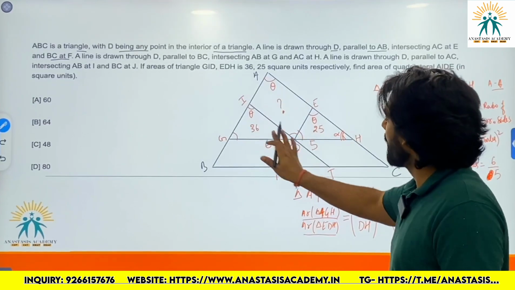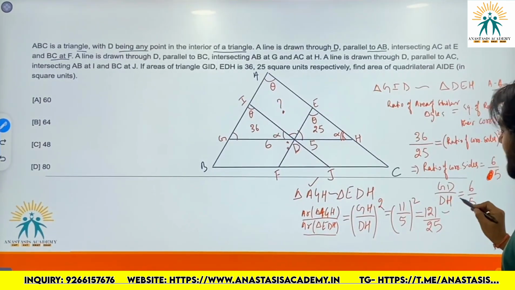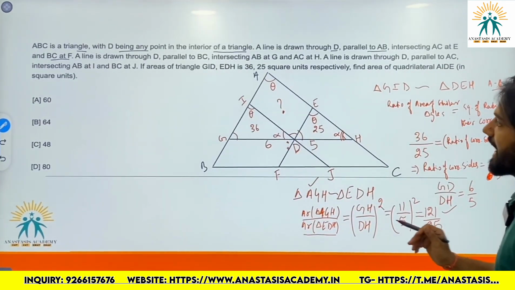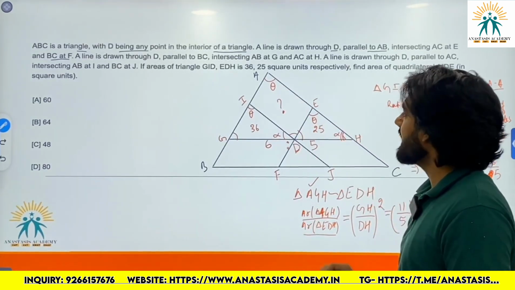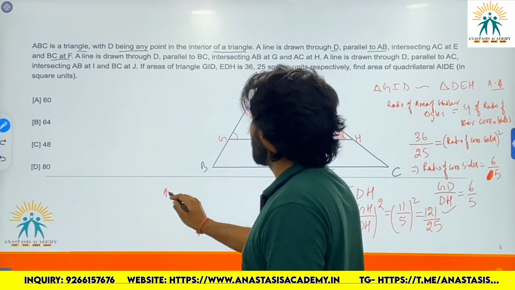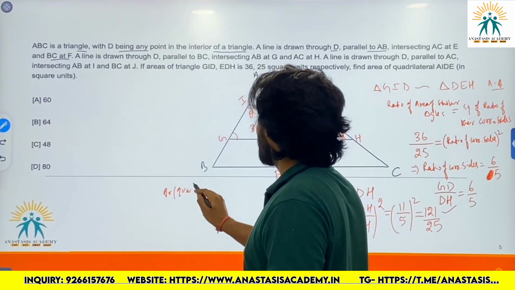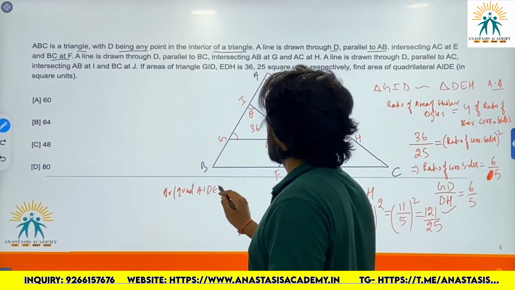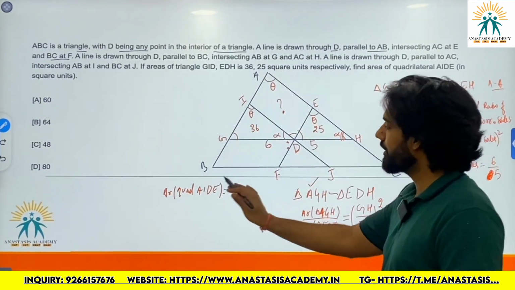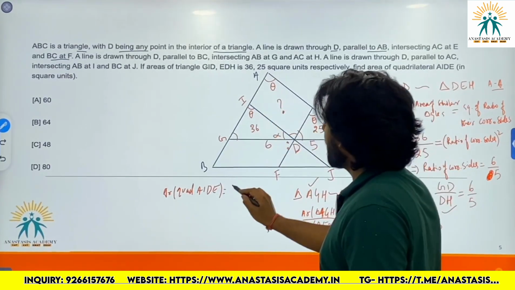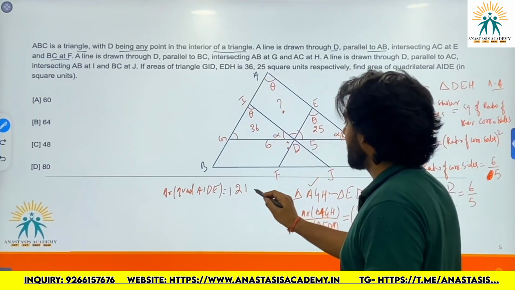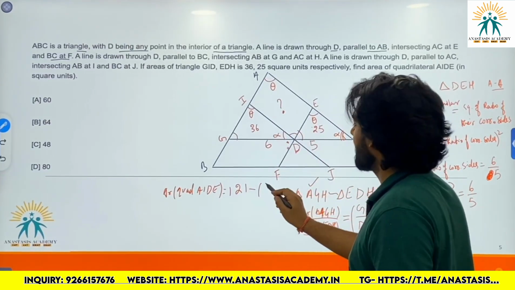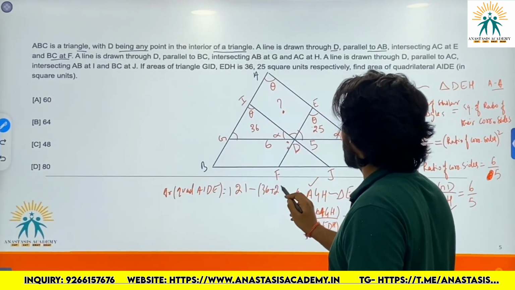The area of this whole triangle is 121 units, and I have to find the area of this quadrilateral AIDE. So the area of this quadrilateral AIDE would be equal to the total area of this triangle, that is 121 units, minus these two areas, that is 36 plus 25.